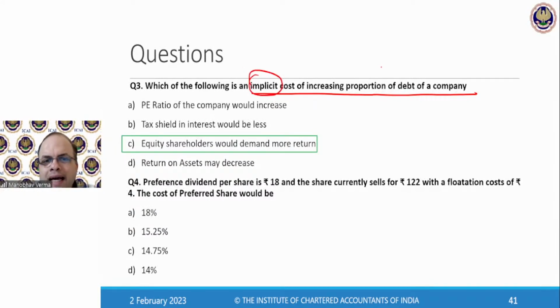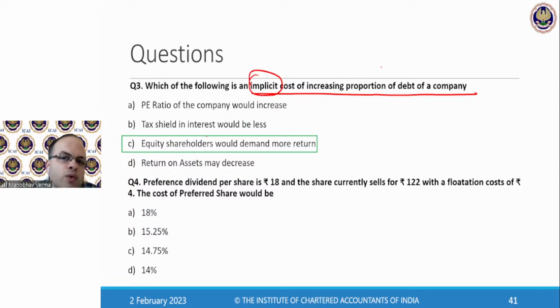If we have to calculate some numbers, it would be more of an explicit domain, right? Anyways, the PE is market price upon earning. And trust me, if we are talking about earning per share, it would increase if the financial leverage is taken care of, and it might actually, probably the ratio might decrease. But anyways, we are not even talking about explicit numbers. We are talking about implicit cost.